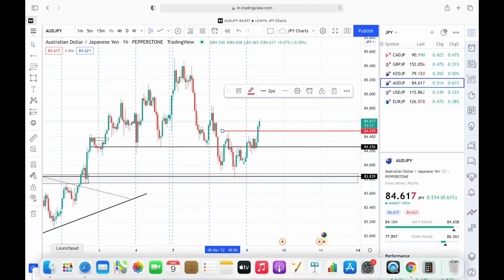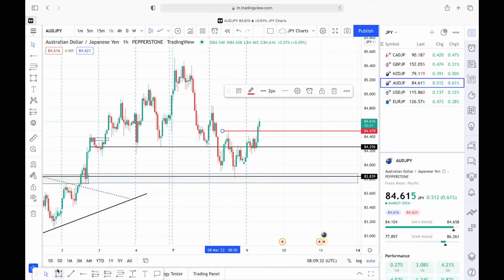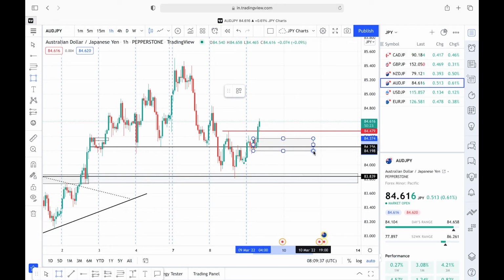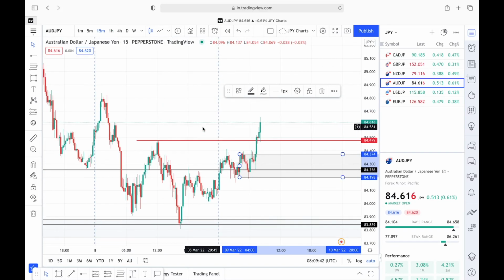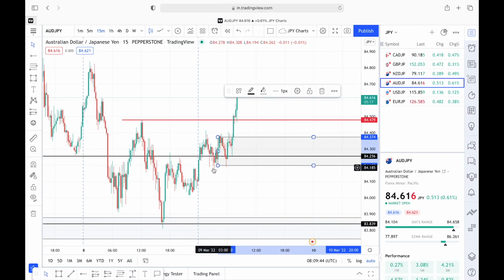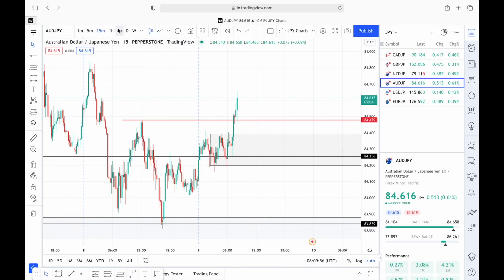So we were looking at the market to retrace back into this zone. And let me see if there is another zone on the 15 minutes. I'm not seeing any other valid zone on the 15 minutes.